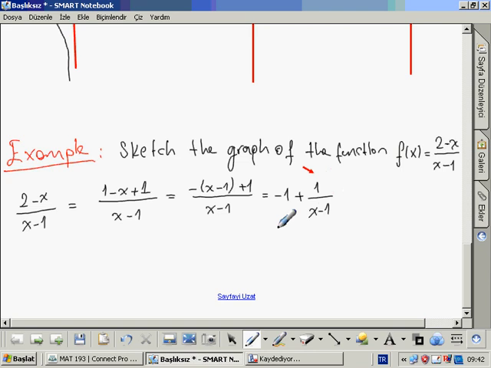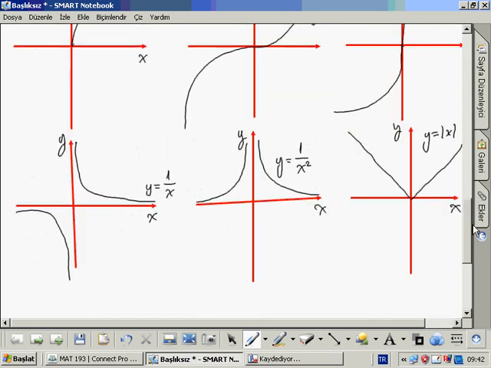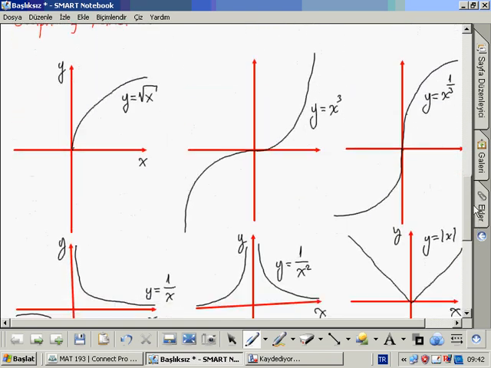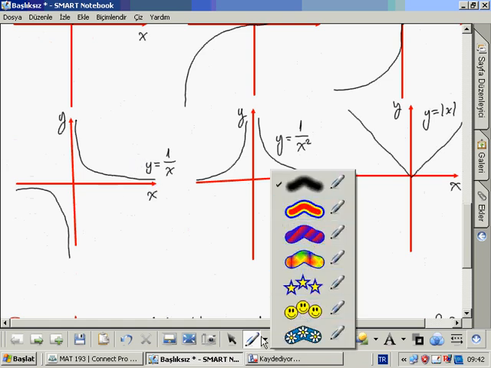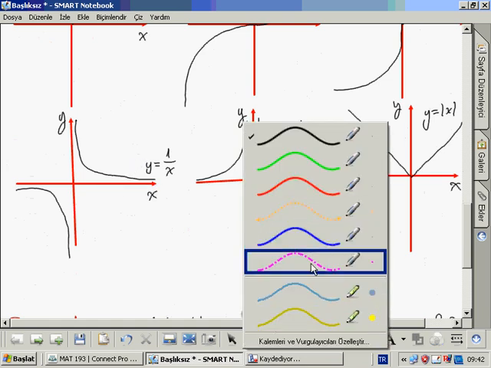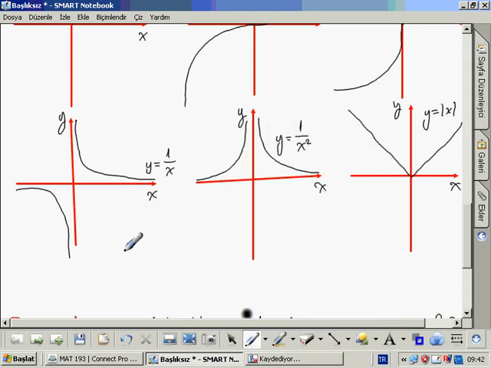As you see, we know the y equals 1 over x graph, and we know how to sketch the 1 over x graph.